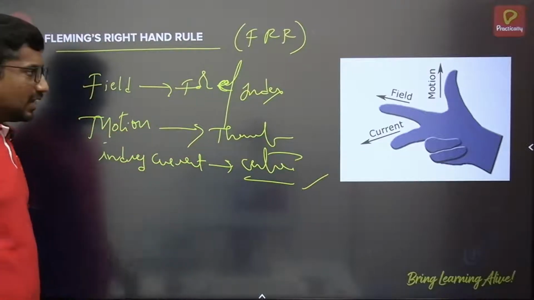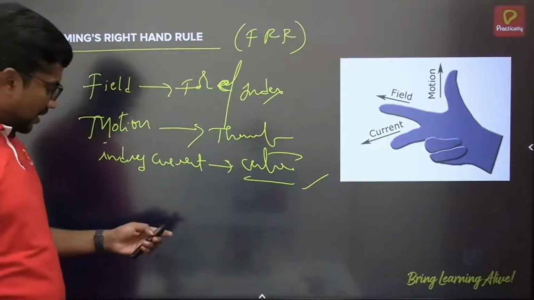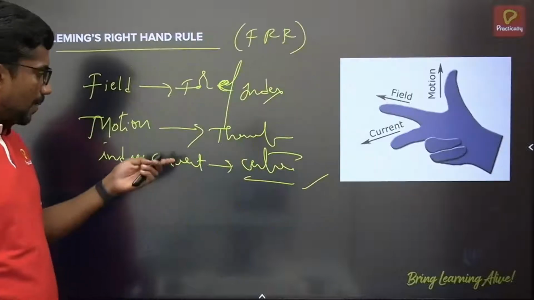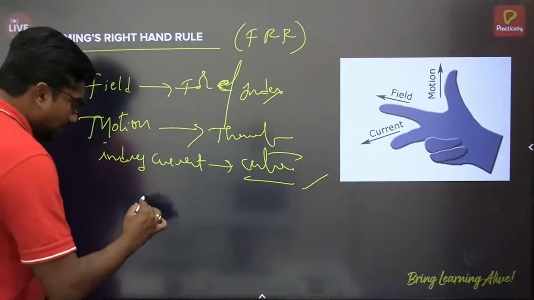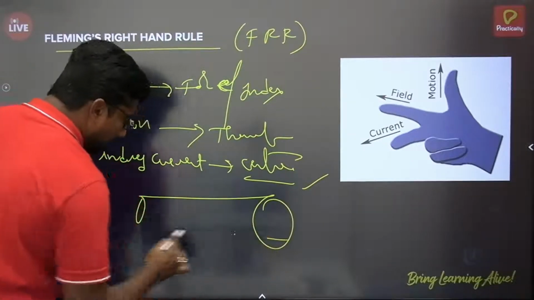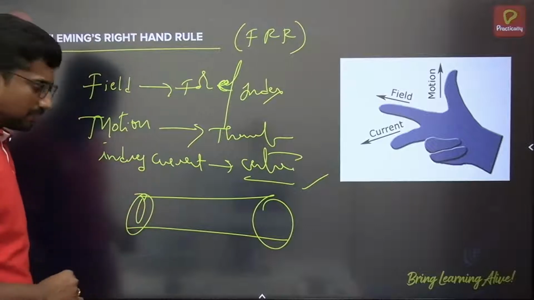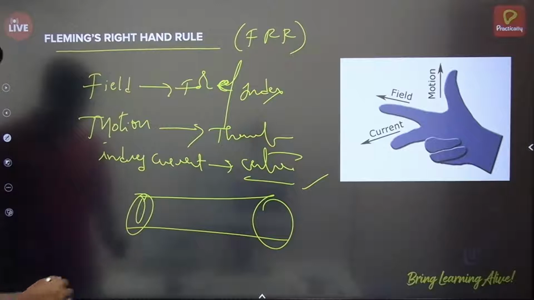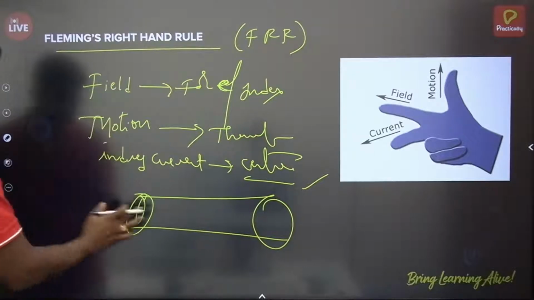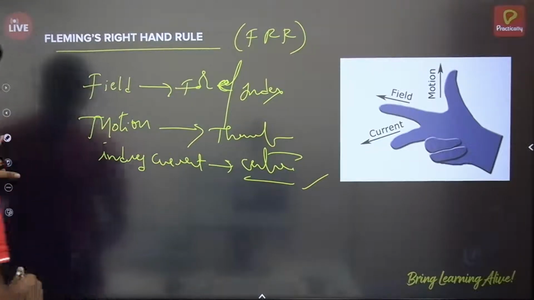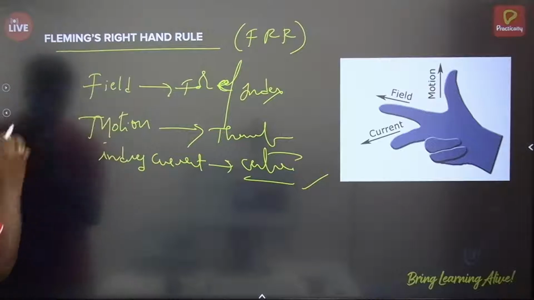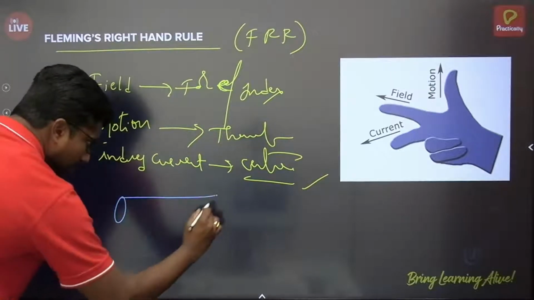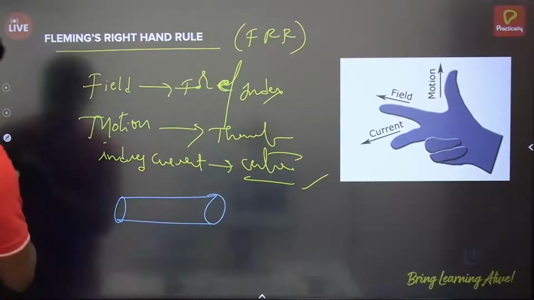Alright, now we have discussed electromagnetic induction. There is a simple activity. Let us take a paper cylindrical roll on which two coils, coil 1 and coil 2, are wrapped like this. Let me draw this again.